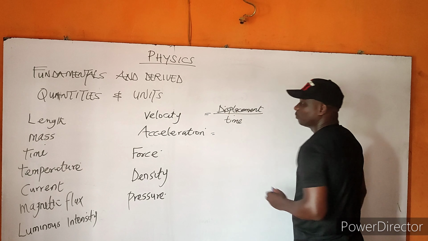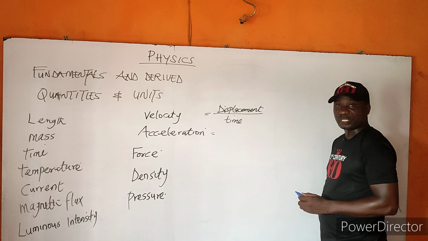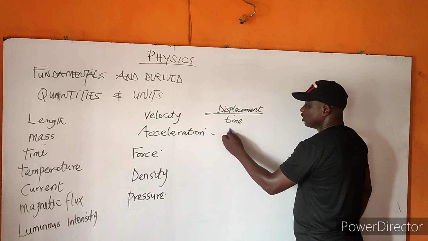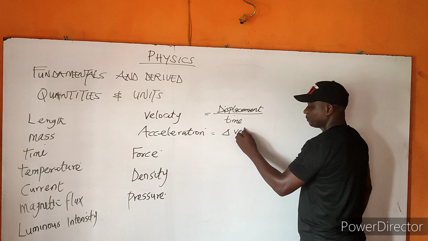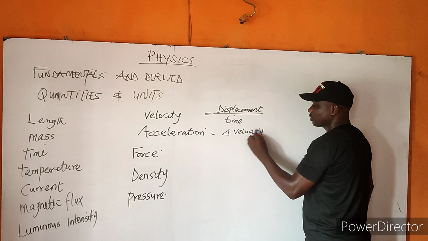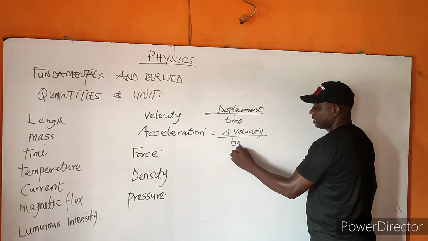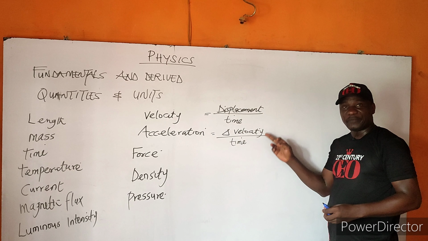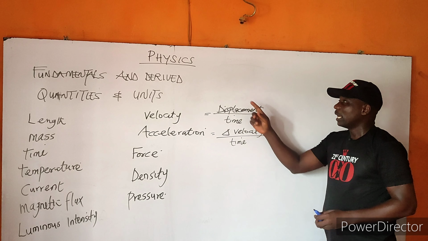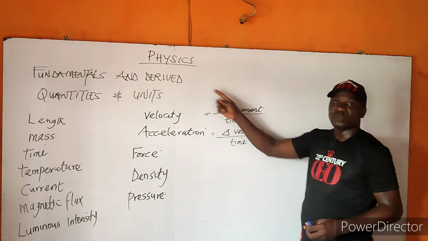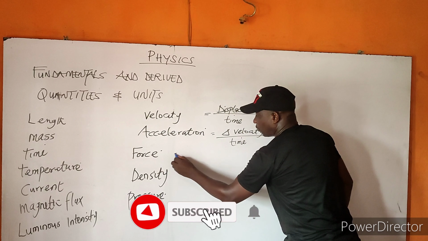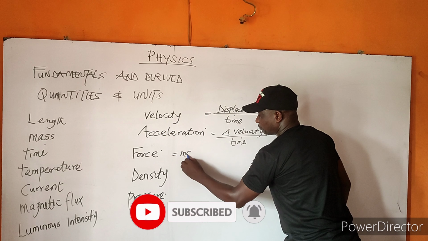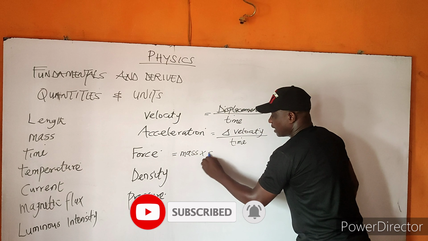Let's go to the second one, which is the acceleration. Acceleration simply means change in velocity with respect to what? Time. So you can now see we are bringing different quantities together. That is why it is being referred to as a derived quantity. What is force? That is mass times acceleration.